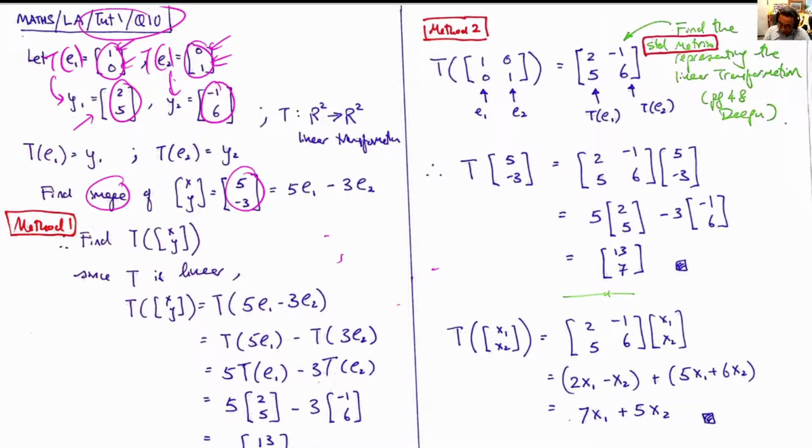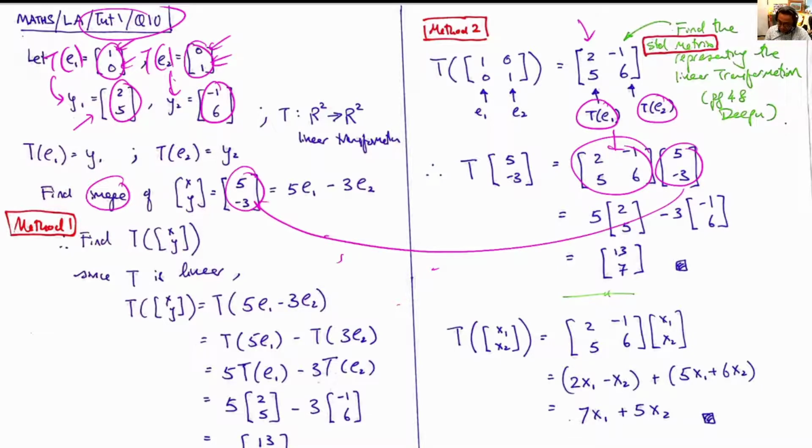The transformation matrix is exactly the transformation of E1, the transformation of E2. So in fact, there is nothing for us to do here. He has already given you this standard transformation matrix. We put the transformation matrix here, multiplying it with the given new coordinates that we want to play with. And then we can do matrix-vector multiplication, and this is the answer.